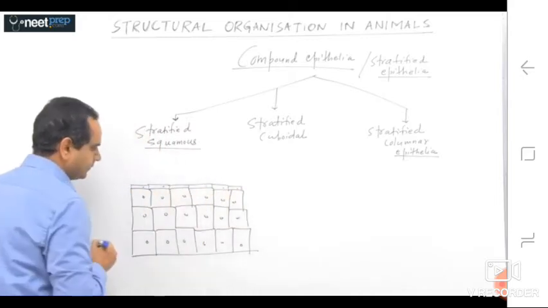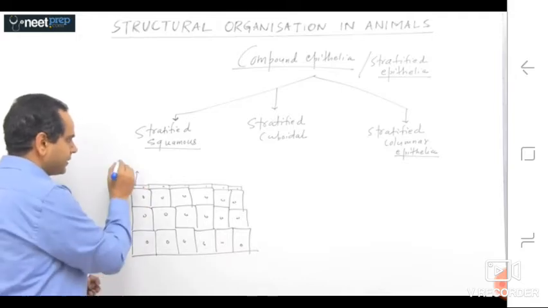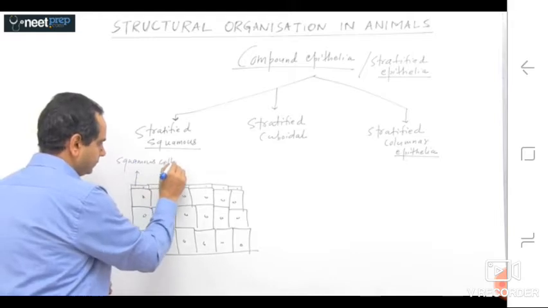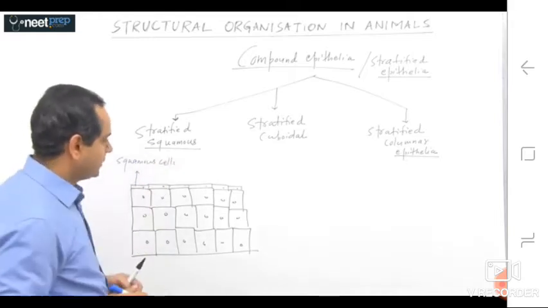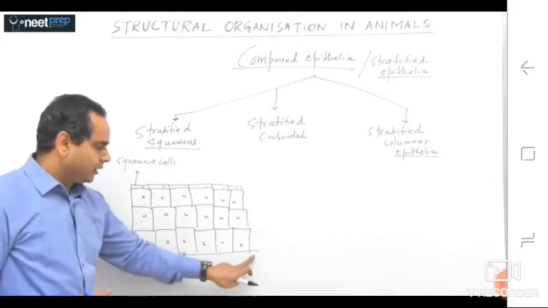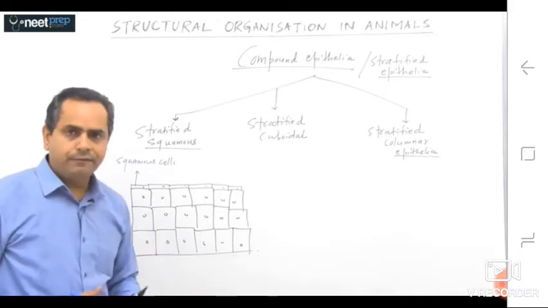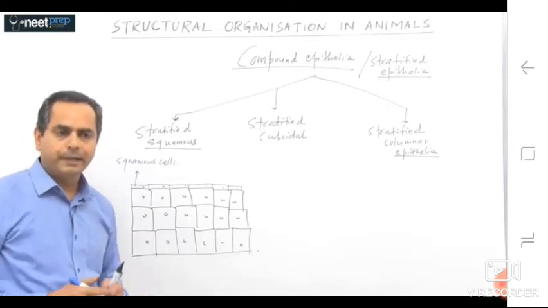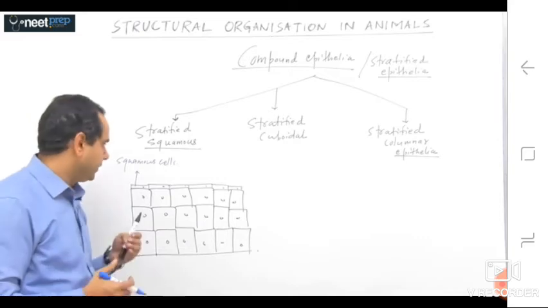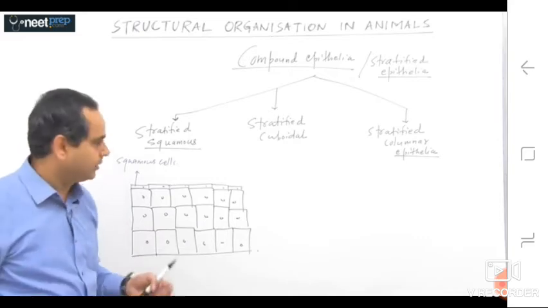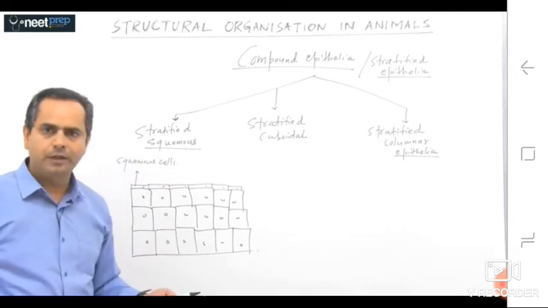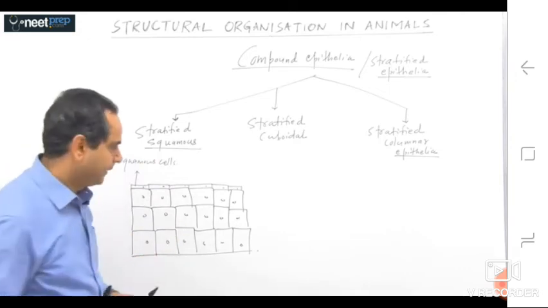Look at here. This top layer, the apical layer, is with squamous cells, and that is the part of stratified squamous epithelia. That's right. It means the classification of stratified epithelia completely depends upon the apical lining, the apical layer. If it is squamous, it is called stratified squamous epithelia. Bottom layer may be columnar, may be cuboidal, but can never be squamous.